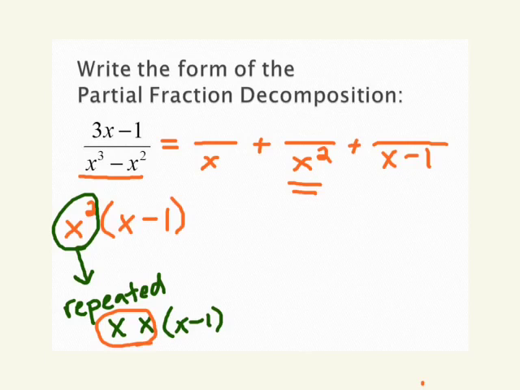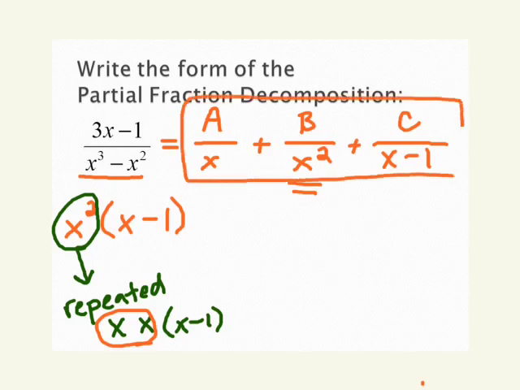So all 3 of my partial fractions here are considered linear in their denominator, which means their numerators are all constants. So here would be our setup: A over x plus B over x squared plus C over x minus 1.